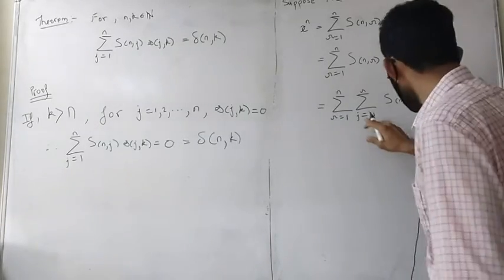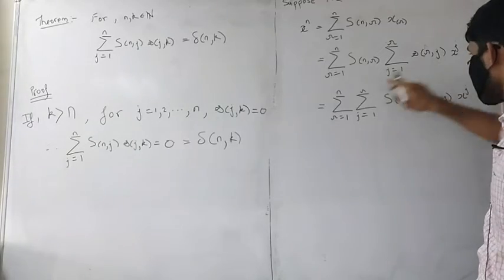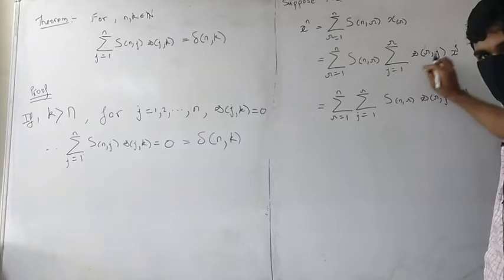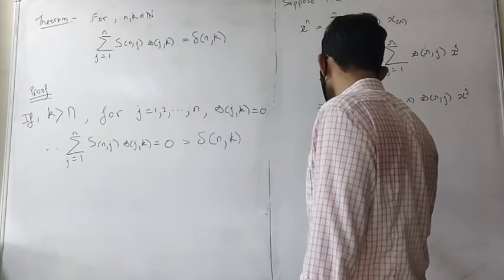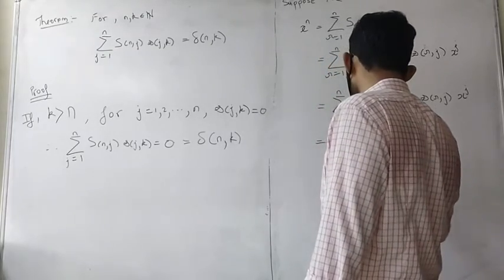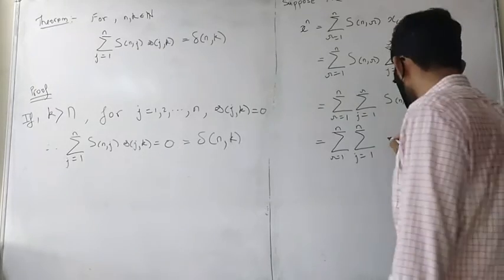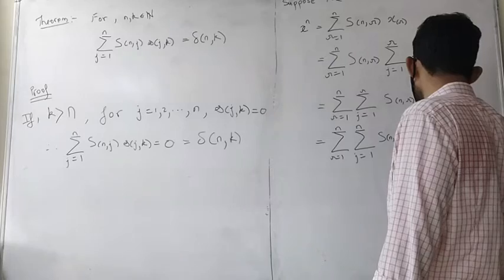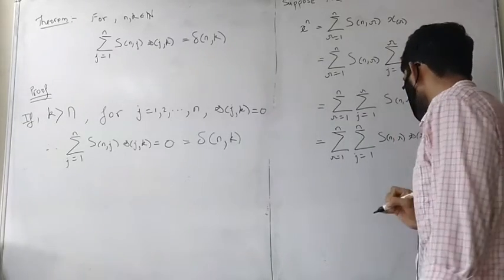Now you notice that when j is bigger than r, this is 0 anyway, so I am simply adding zeros and letting j go from 1 to n.